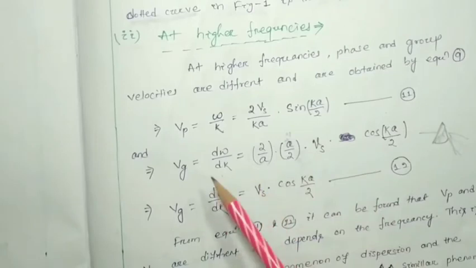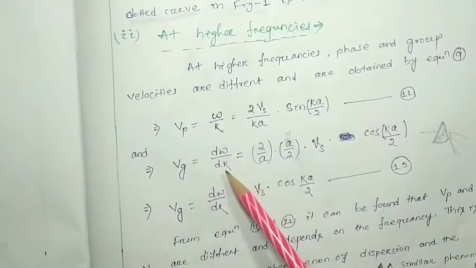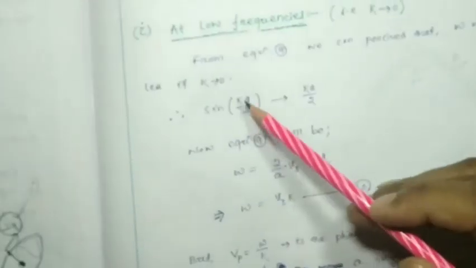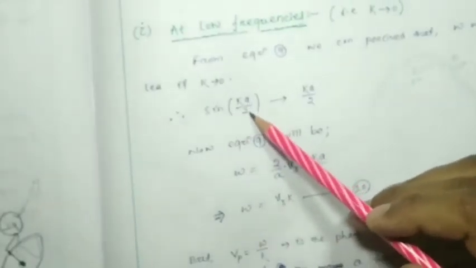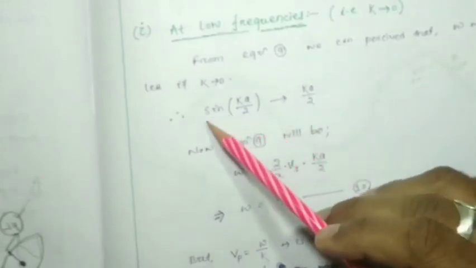And Vg is nothing but d omega by dk. For lower frequency we considered that sin ka by 2 tends to ka by 2, but for higher frequency we have to consider sin ka by 2.